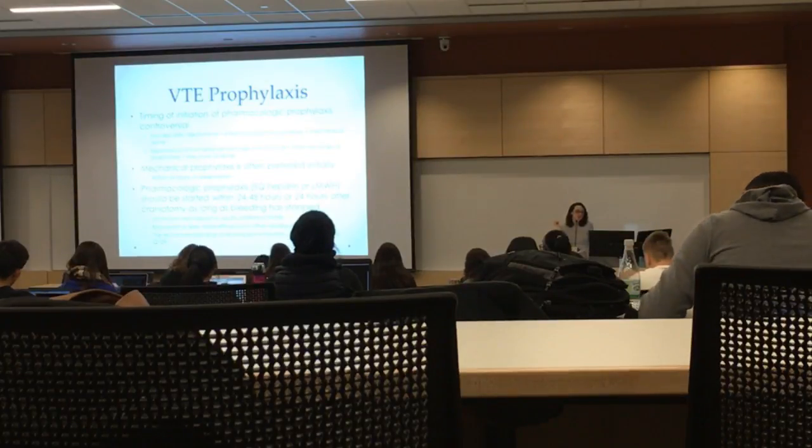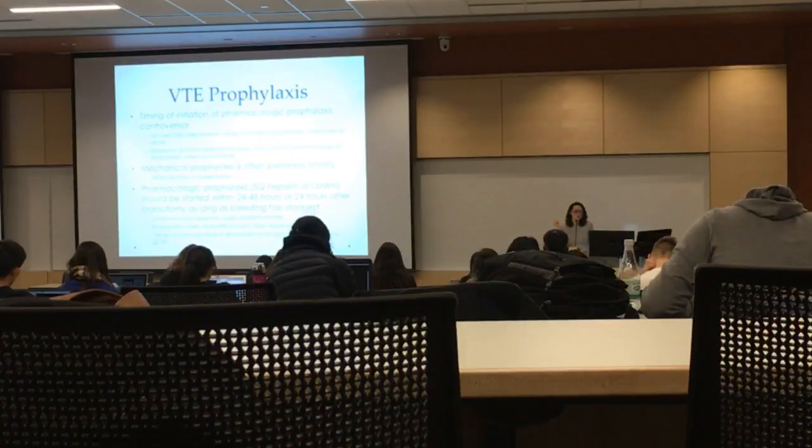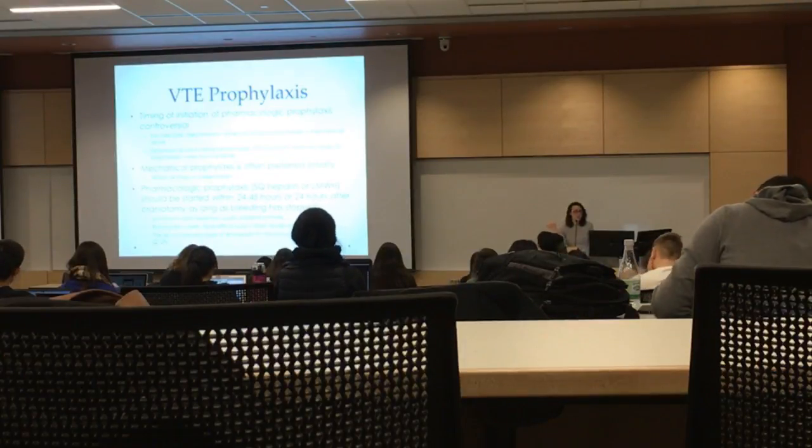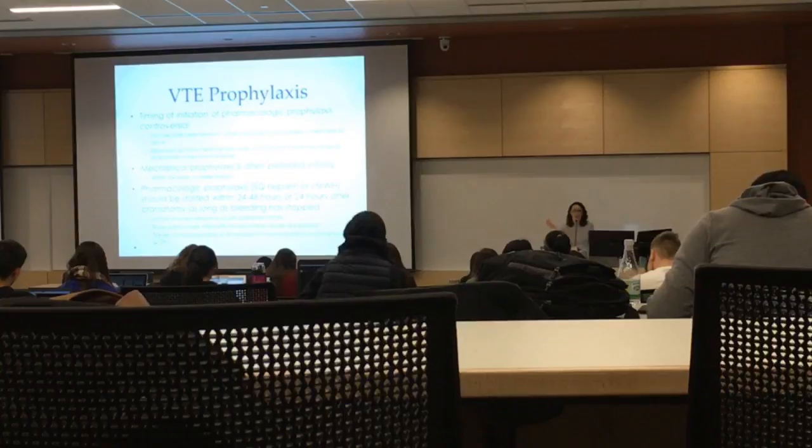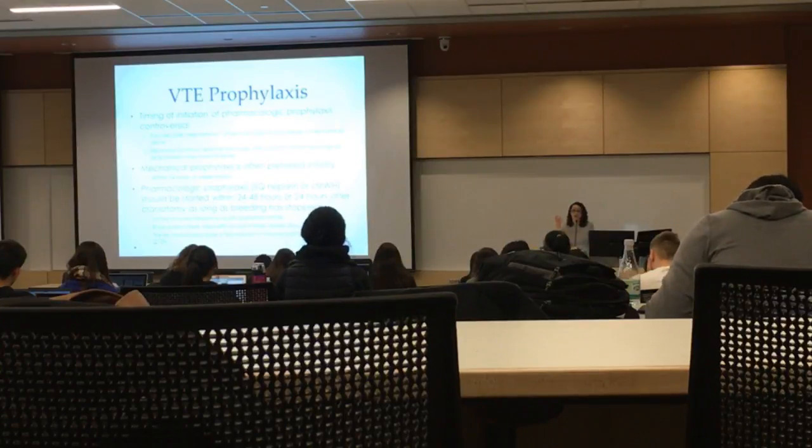We can consider pharmacologic prophylaxis, so typically this is going to be subcutaneous heparin or low molecular weight heparin. It should be started within 24 to 48 hours, or 24 hours after a craniotomy. So some patients will actually undergo that surgery to remove a part of the skull to alleviate that pressure. So of course that in and of itself is going to be a risk factor for bleeds.